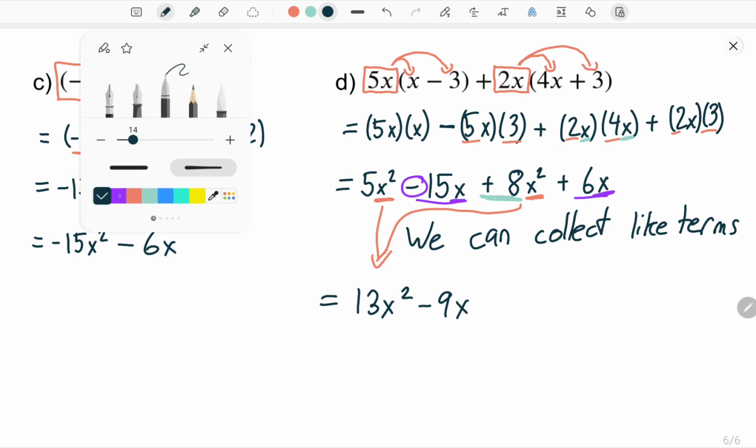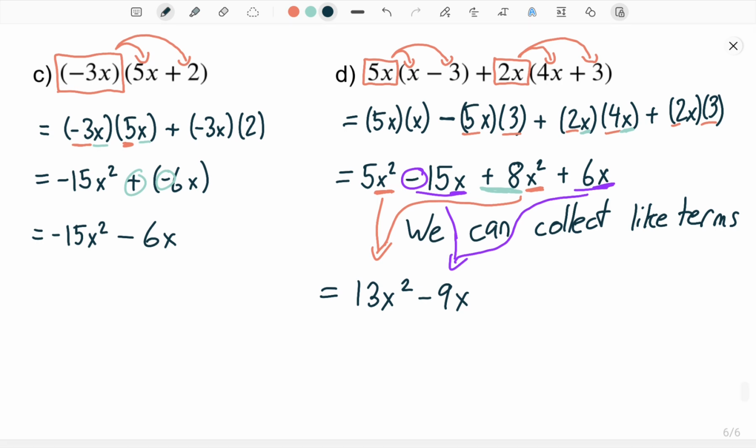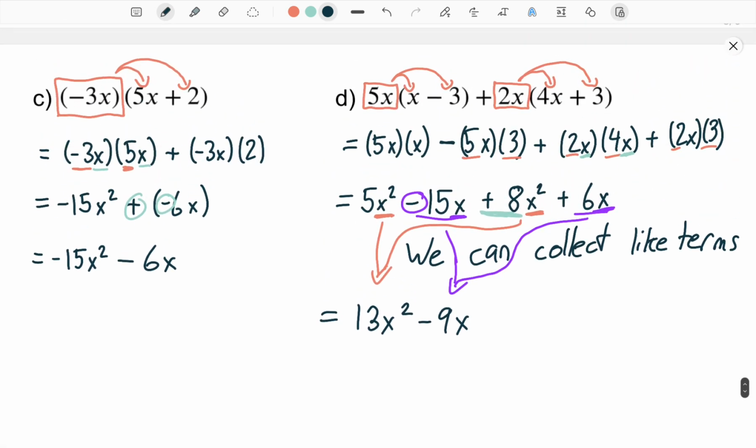And again, I'll just draw some arrows just to indicate where those are being combined. So those two together make minus 9x. Then we stop there because the x squared and the x, different exponents. The one has a 2, the one doesn't have the exponent written. So they can't be combined. All right. And that's everything for this lesson.